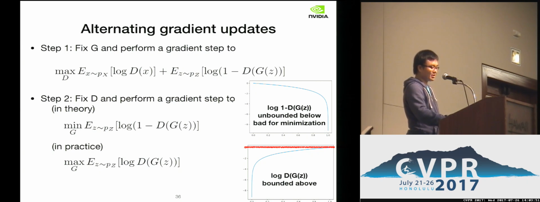Because we want to minimize it, and it has no lower bound, it frequently generates numerical errors or provides some instability. But when you maximize this function, it has a proper upper bound, so it behaves better.